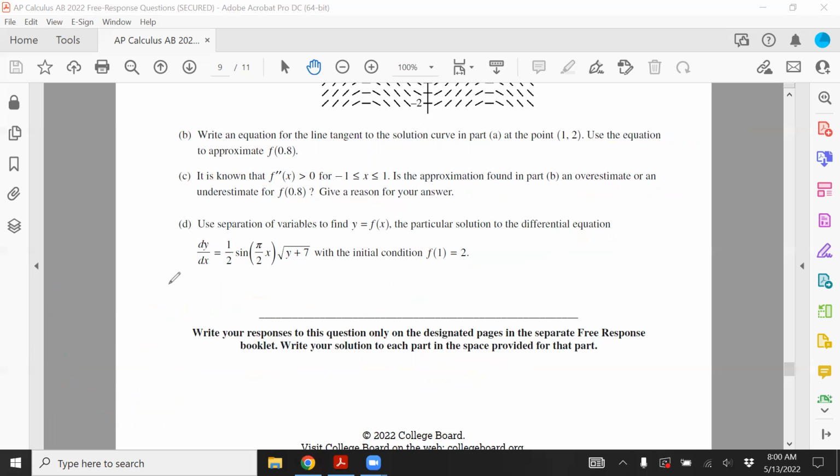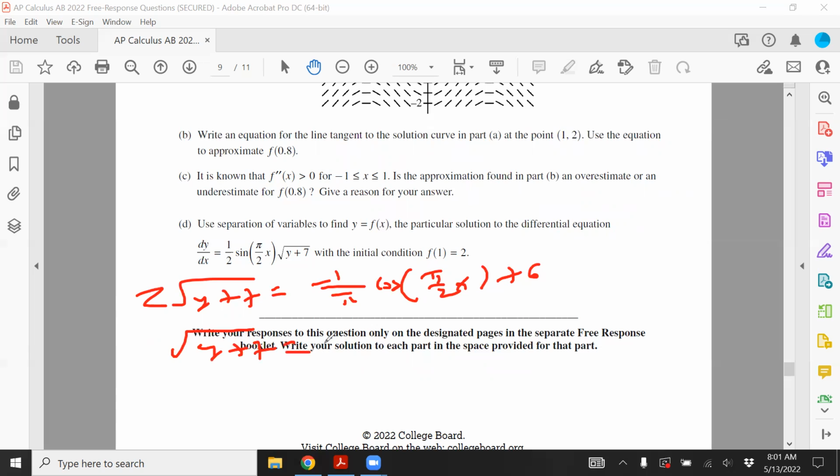So we could say we have 2 root y plus 7 equals negative 1 over pi cosine pi over 2x plus 6. I'll divide everything by 2 first. So you should have root y plus 7 equals negative 1 over 2 pi cosine, excuse me, pi over 2x plus 3.